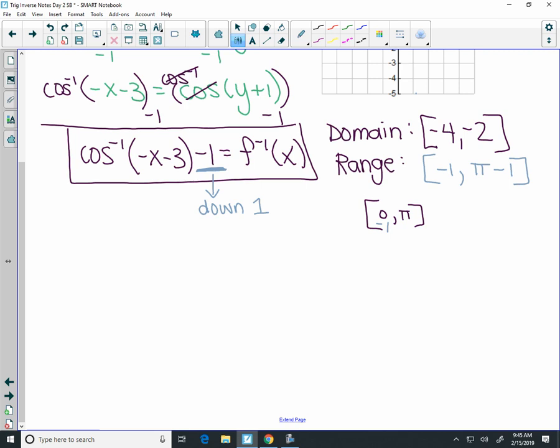So down 1, you're just going to subtract 1 from each. If we were doing a vertical stretch by 2, we would multiply them both by 2, if we had a 2 out front of that cosine. So it'd be 0 to 2 pi. If it was a vertical compression by 1/2, you just multiply them both by 1/2. This is the hardest thing, the range.